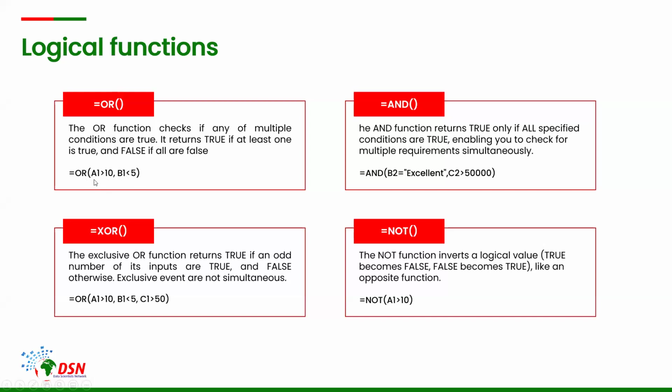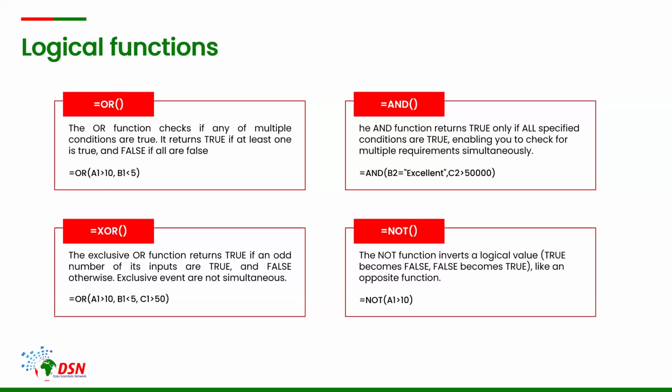If we do this with the IF function, it will not work, except we specify, like, there's a particular function that allows us to do that. So this also does not allow us to specify the value that we want to see. It only returns true if at least one condition is true, and it returns false if all of the conditions are false.